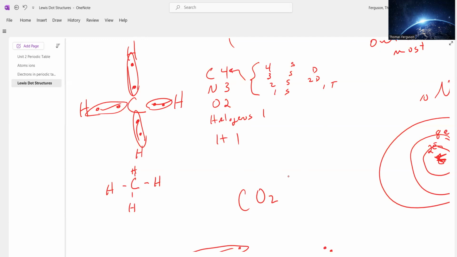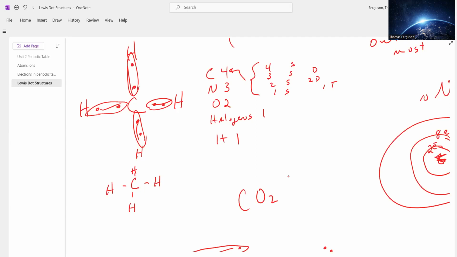What about carbon? 4. So 6 plus 6 is 12, plus 4, 16. Okay, cool. That's how you end up with 16. Is that what you did? You just did 2, 4, 6, 8. Yes, but you can do it by the sum of the parts too. Okay, sounds good.